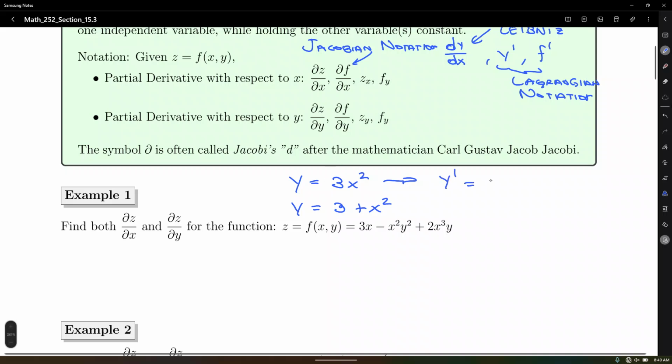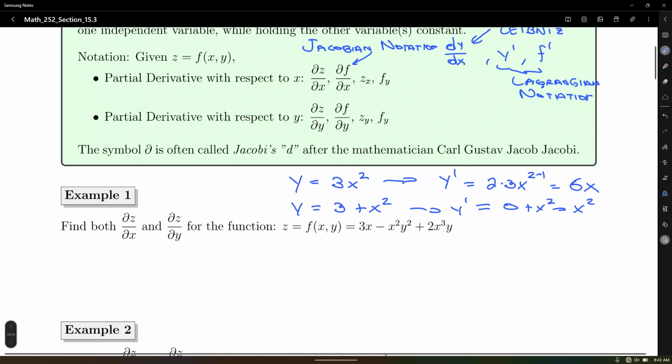Multiply by the old exponent, 2 times 3, and subtract 1 from the exponent. 2 times 3 equals 6, 2 minus 1 is 1, so x to the first, which is just x. In comparison with the second function, 3 plus x squared, what's the derivative of 3? 0. What's the derivative of x squared? 2x. So y prime equals 0 plus 2x, which is 2x.